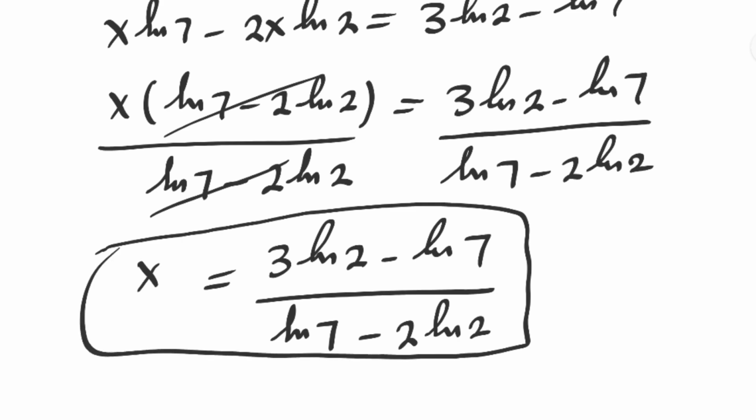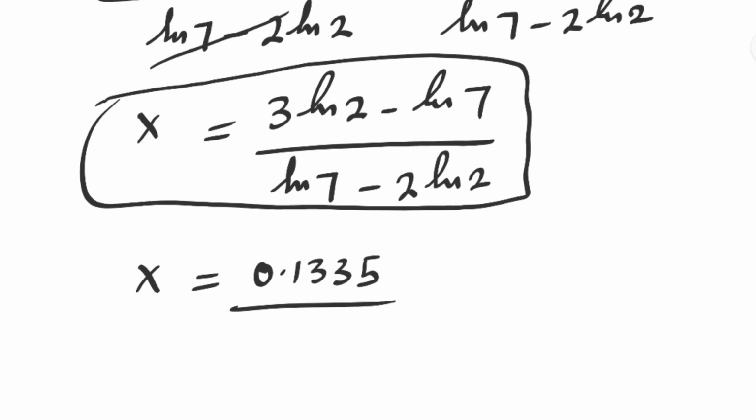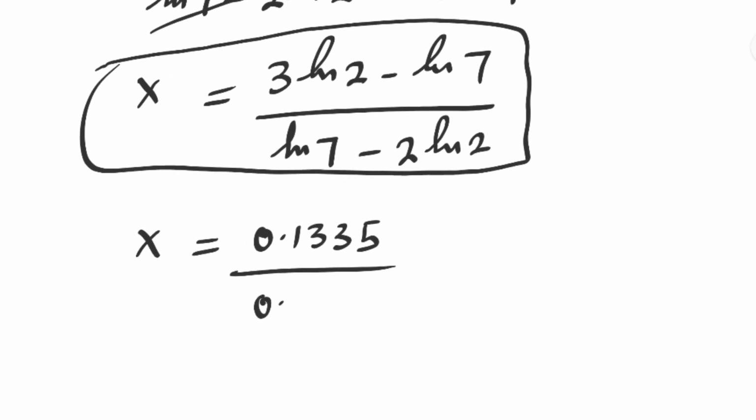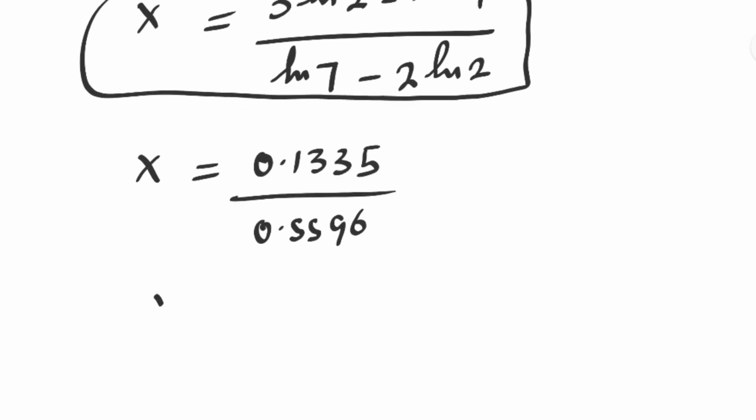But if you want to use calculator to express this further, we have x will be equal to the whole of the numerator, 3 ln of 2 minus ln of 7 will be 0.1335 over ln of 7 minus 2 ln of 2, that is 0.5596. x will be equal to 0.1335 divided by 0.5596.